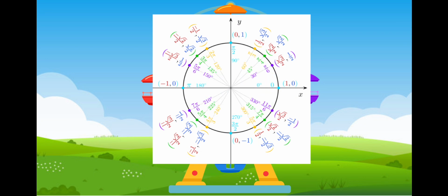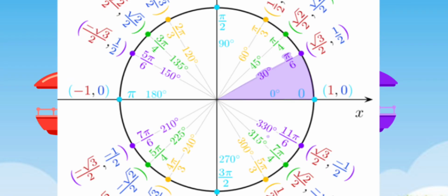And let's not forget the radians. Those are tricky, but once you know what to do, they are easily understandable. Radians will always have pi in the numerator, so it's going to be blank pi over blank. Always. So, for example, for the 30-degree radians, the denominator is always going to be 6.